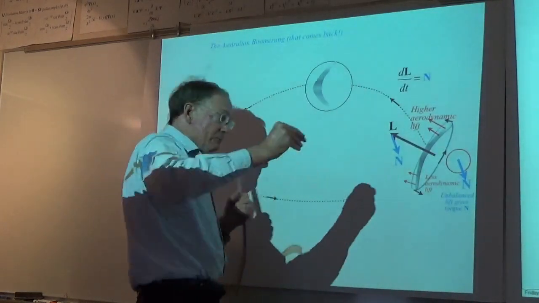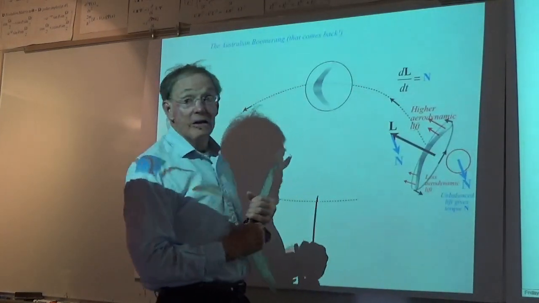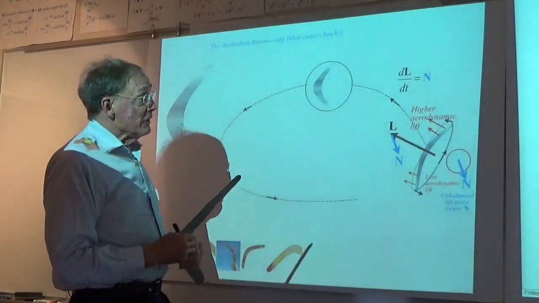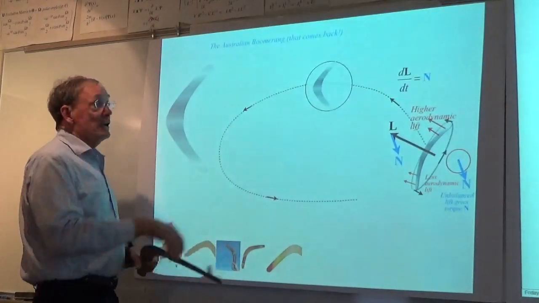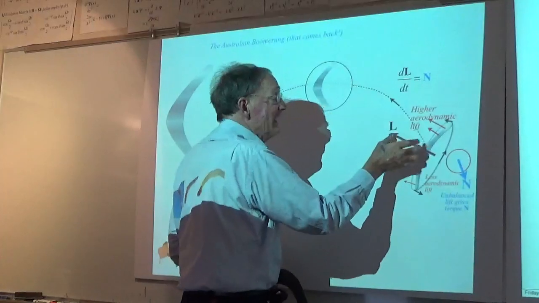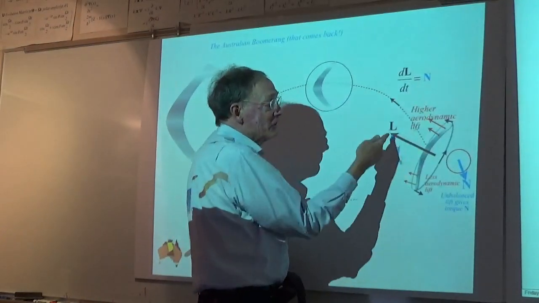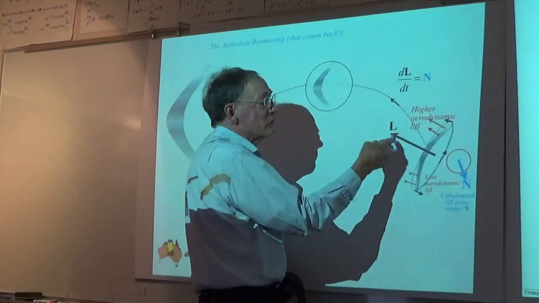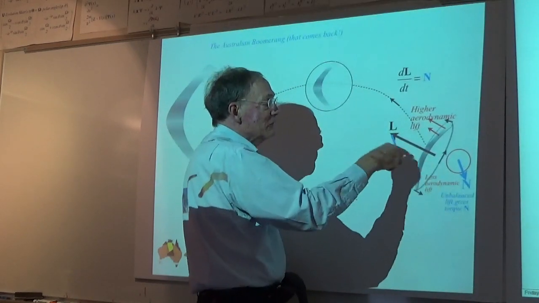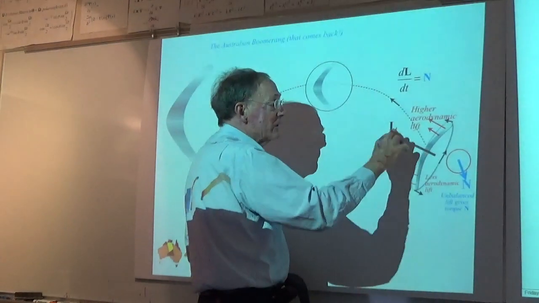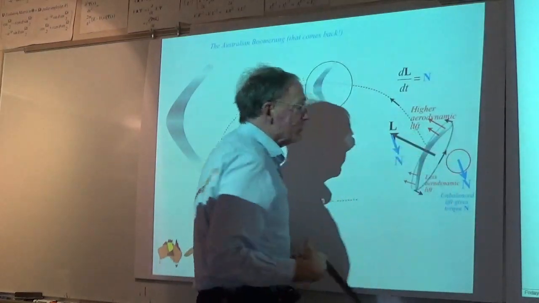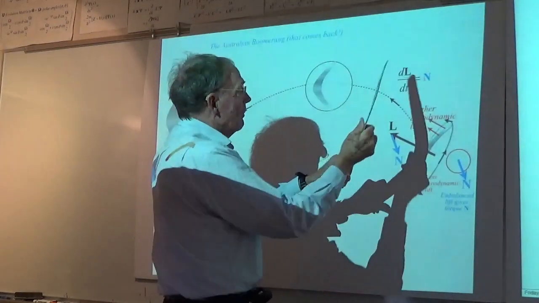The N is supposed to be sticking out. Okay, is that clear? And since dL/dt, the rate of change of L, is going to be equal to N, and N is perpendicular to L, it's not going to increase the value of L in magnitude, but it is going to change the angle, and that's what causes the boomerang to orbit.